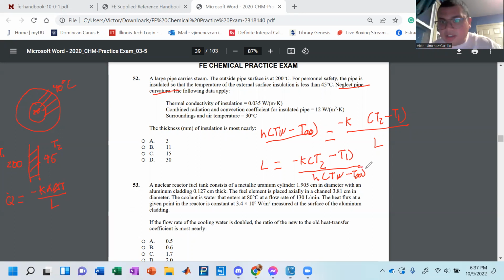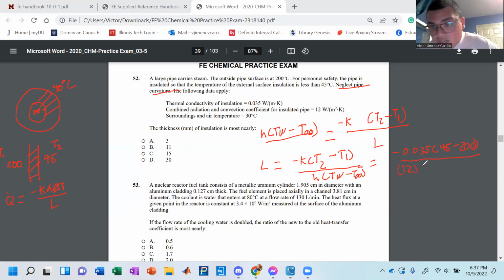Now you have everything to plug in. You have K, which is negative 0.035. You have the change in temperature, which is 45 minus 200. You also have H, which is the combined radiation conduction coefficient, which is 12.